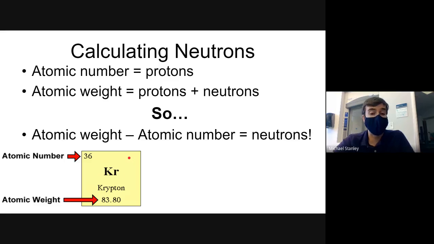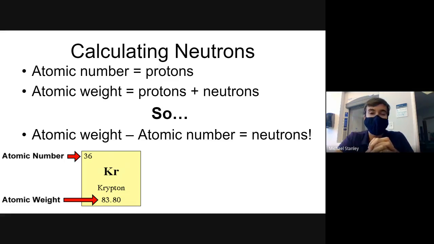So if we look at our krypton example right here, krypton has an atomic weight of 83.8. Obviously, we can't have a point some number of neutrons, and a lot of times you'll see these decimal places when you're dealing with atomic weights. That's because scientists using fancy machines are able to take super precise weights and calculations of these atoms.